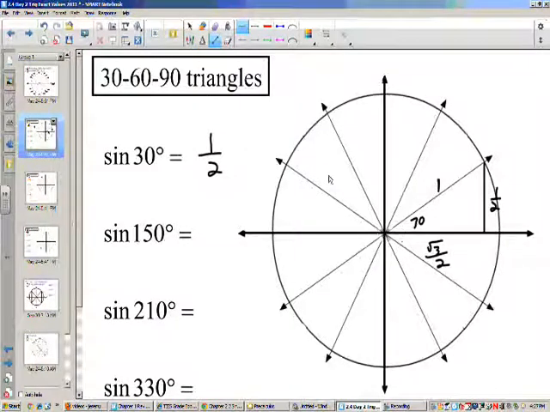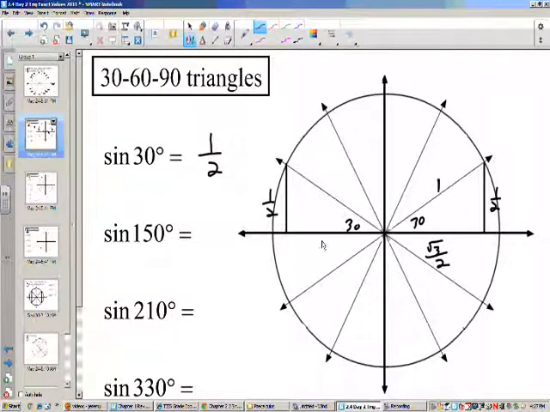Now if I want to find the sine of 150, that has the same reference angle of 30. So we're going to have the same situation where it's 30, root 3 over 2. But now this is going to be a negative root 3 over 2, and a hypotenuse of 1. So the sine of 30 again is going to be 1/2 over 1, which is 1/2. Now if we go to 210, this is again going to be 1/2. This is 30 degrees past 180.